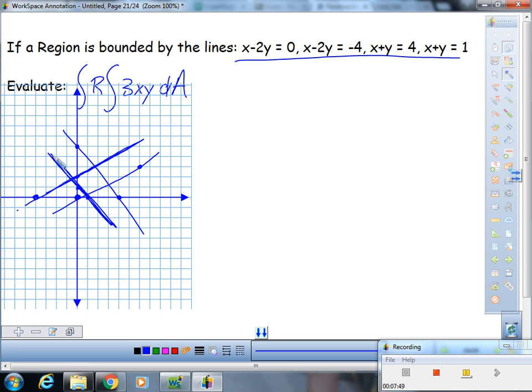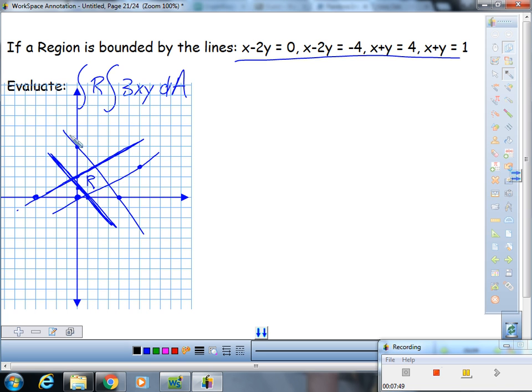Okay, so here's what I want you to understand. I know I've already explained this to you, but for the video's sake, this is our region right here. If we wanted to use our current technique to integrate over that region, it is not vertically simple, it is not horizontally simple.